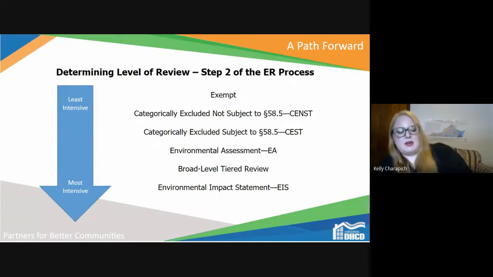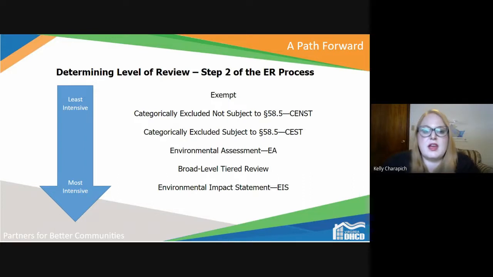The next step is to determine the level of review, and I'm going to apologize in advance. This slide has a lot of information I had to pack in. So if you look to the left, the arrow shows from the least intensive to the most intensive your level of review. So we start with exempt, which is the least intensive level of review, move to categorically excluded, not subject to the laws contained at 58.5, also known as a CENST project.